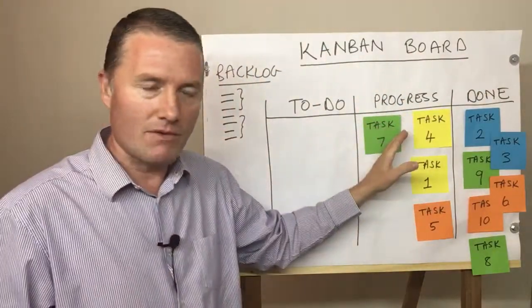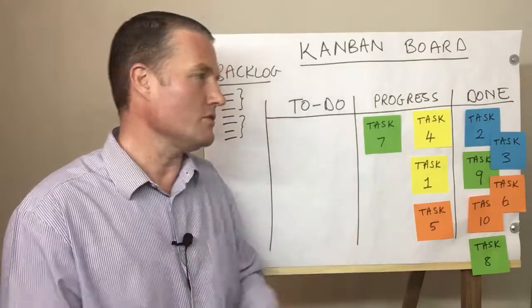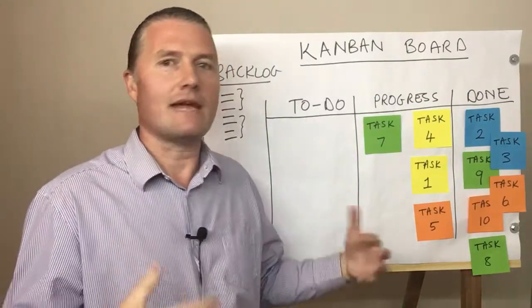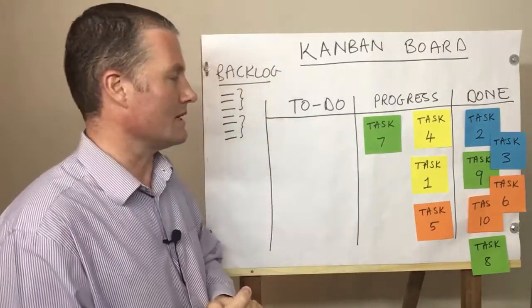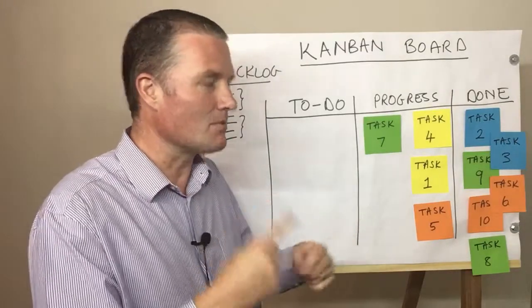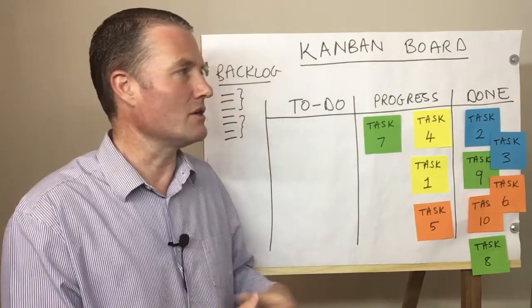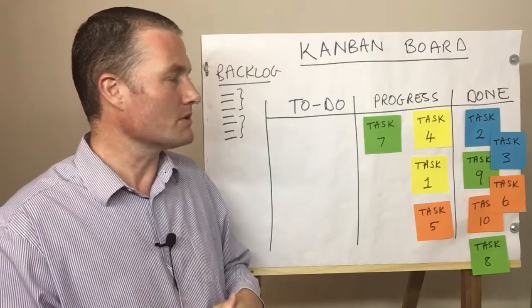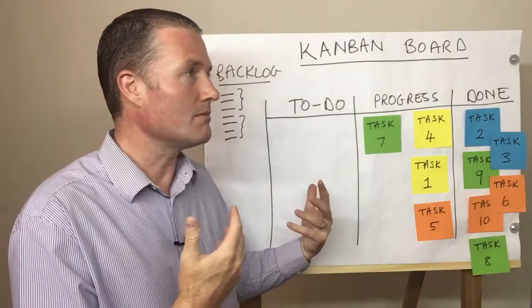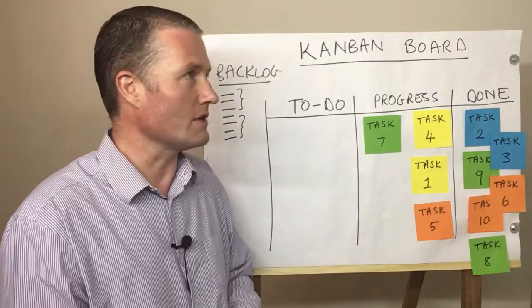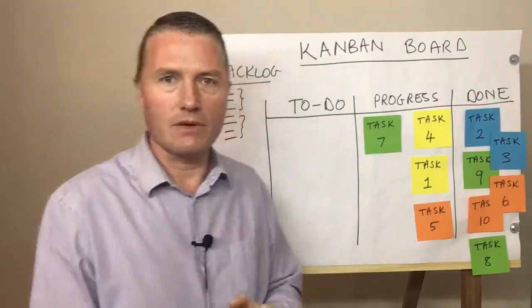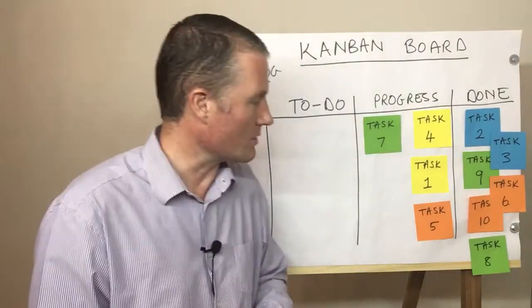It's not the color of the stickies. It's not the tool that you use. It's not whether you stand up or sit down, although I do believe that's quite important. It's the consistent, repetitive application of Kanban board principles that are going to make you achieve some progress in your Kanban board application into a project.